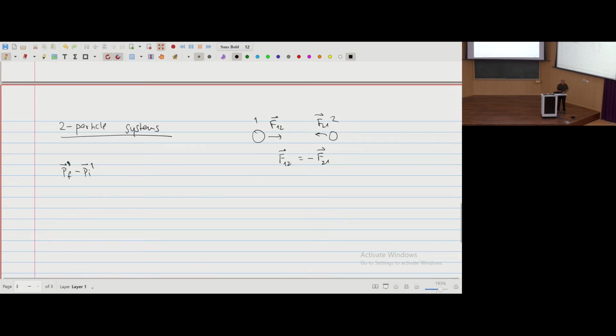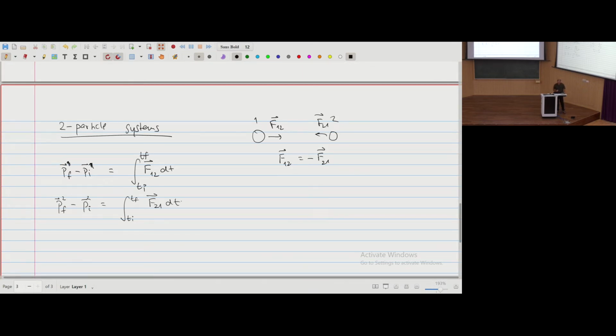So particle number 1, and when we add these two equations, because F12 is minus F21, when you add them, you get a 0 on the right hand side.